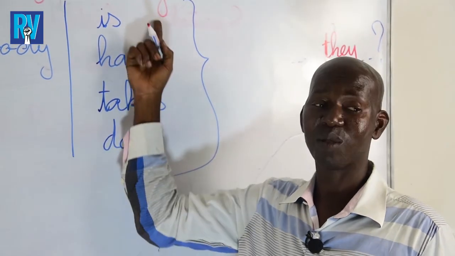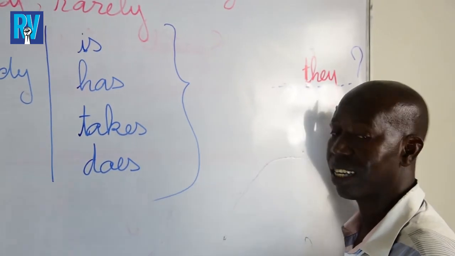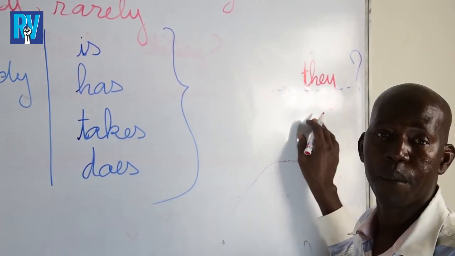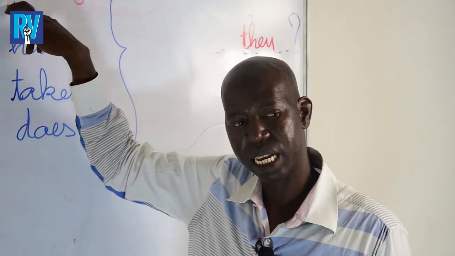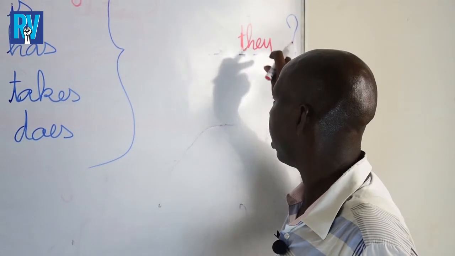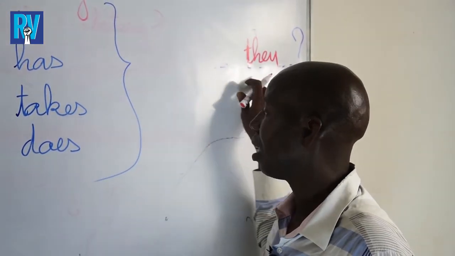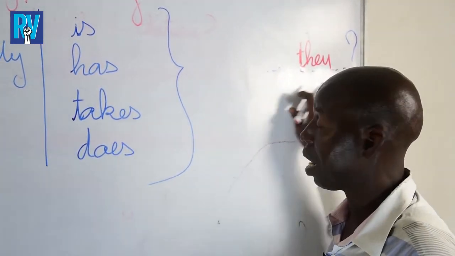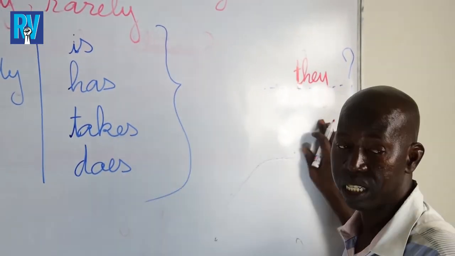On les conjugue à la troisième personne du singulier, mais dans le tract, on les remplace par they. Et on sait que les they ne vont pas aller avec is. On ne dit pas they is. Les they ne vont pas aller avec has, ni avec takes, troisième personne. Because this is the plural.